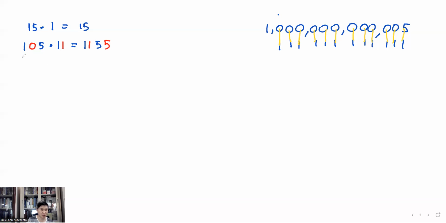So here I would add another 0. So this became 10 times 111, and this will become 111555. We're seeing patterns now.